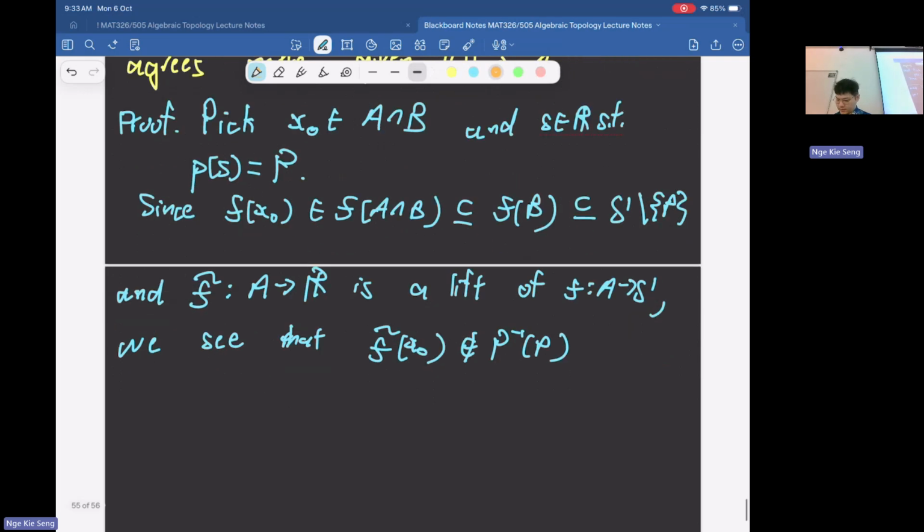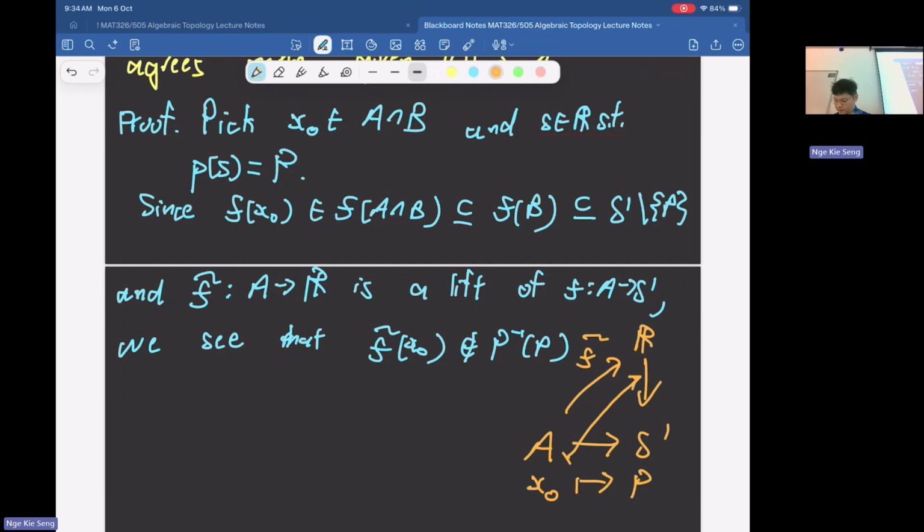Let's say A goes to X1, the next node goes to P, and this one is R, and then you go up, this one is F tilde.